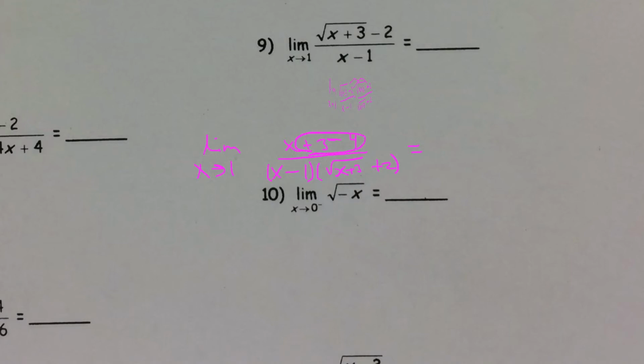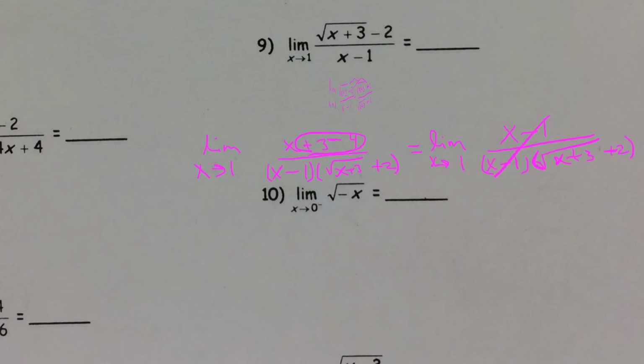I have like terms there, so this will turn into the limit as x approaches 1 of x minus 1 over x minus 1, see what just happened there? Times the square root of x plus 3 plus 2.